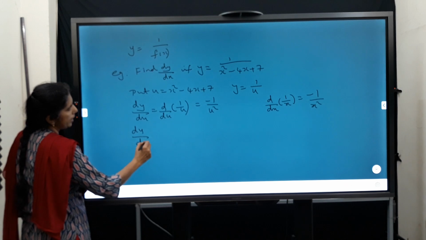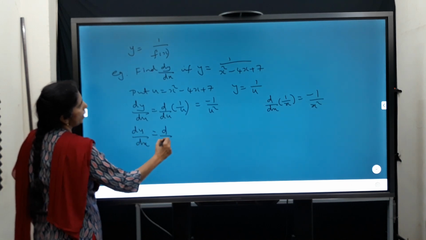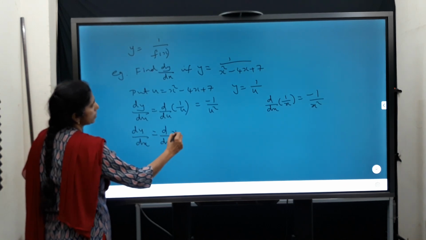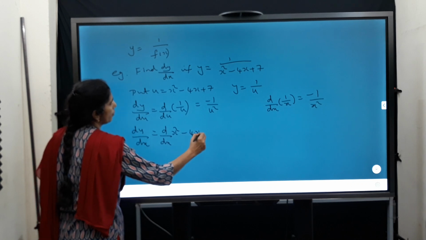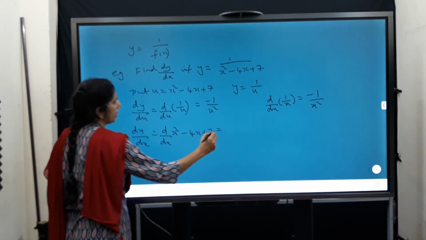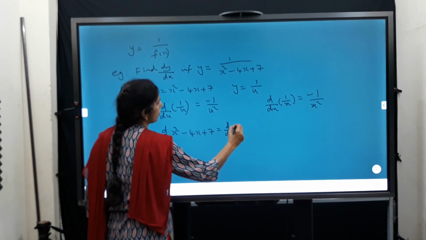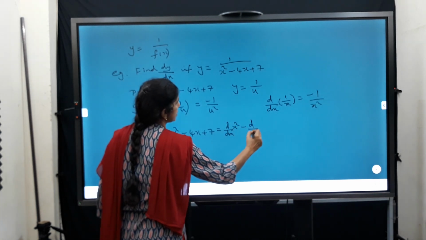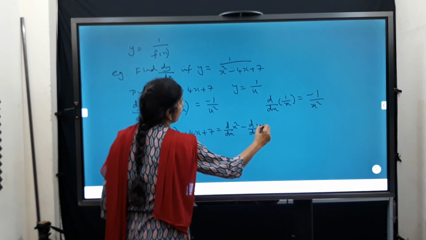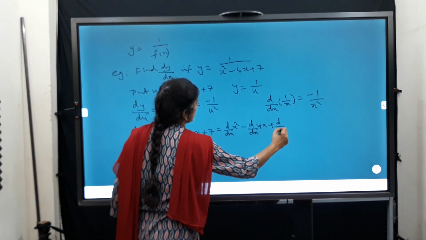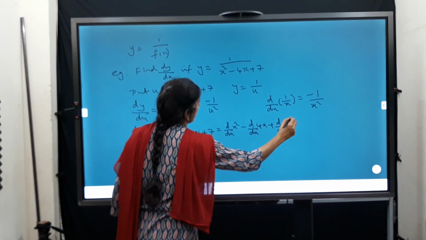And du by dx equal to d by dx of x square minus 4x plus 7. That is equal to d by dx of x square minus d by dx of 4x plus d by dx of 7.